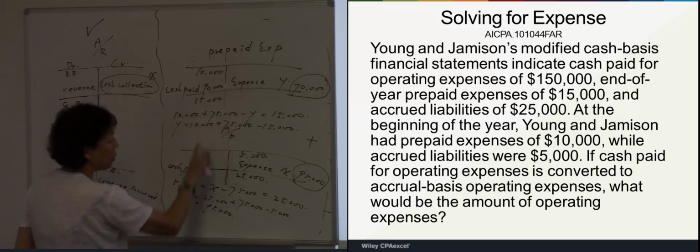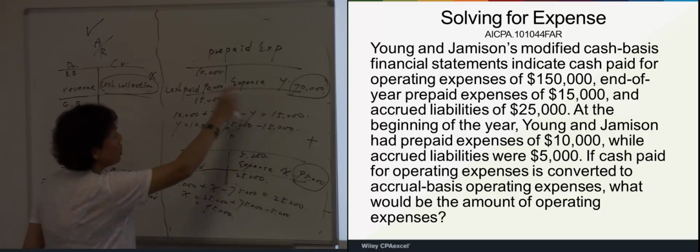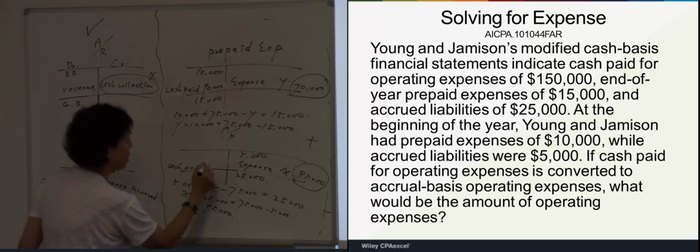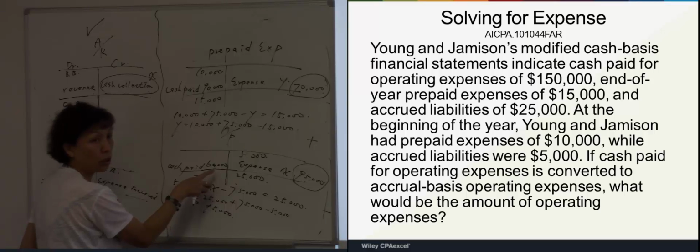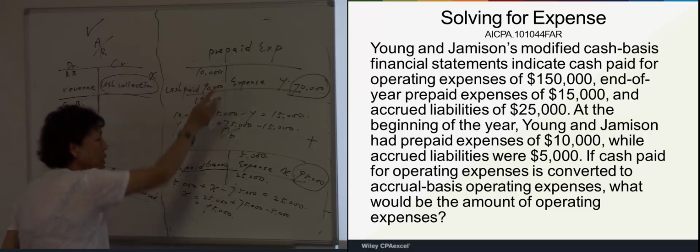Because the sum of two has to be equal to 150. So if we change this to 90,000, this has to become 60. 90,000 plus 60,000, is that equal to 150? Yes.